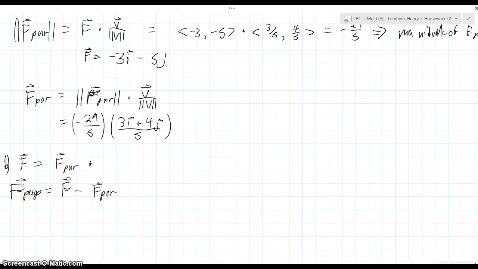So now we can just plug and chug and figure that out.